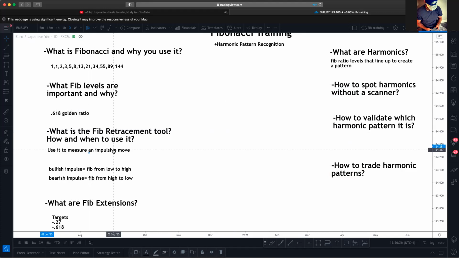So you really want to wait for actual impulsive moves, not just break and retest. How I validate an impulse is I use MACD. If the MACD makes a new high, then that's a pretty good validation for me.